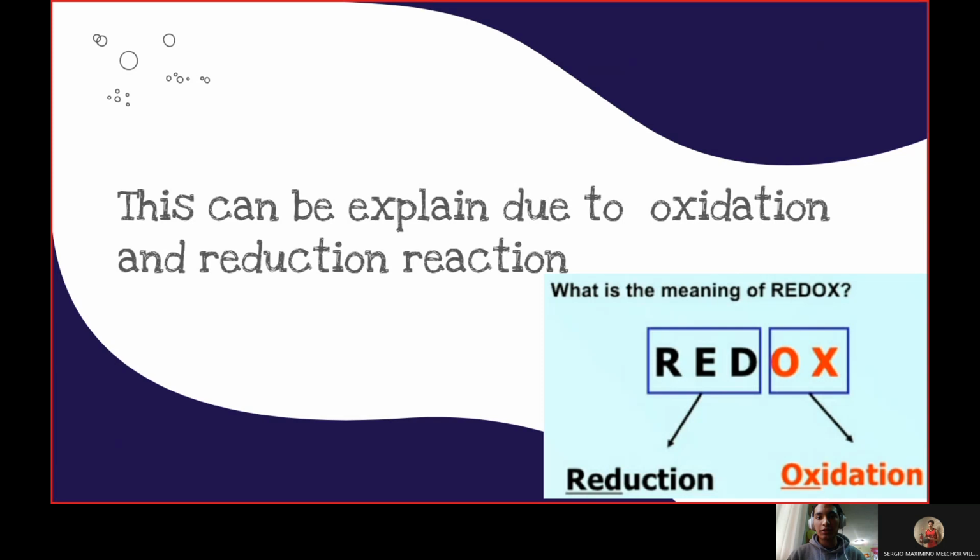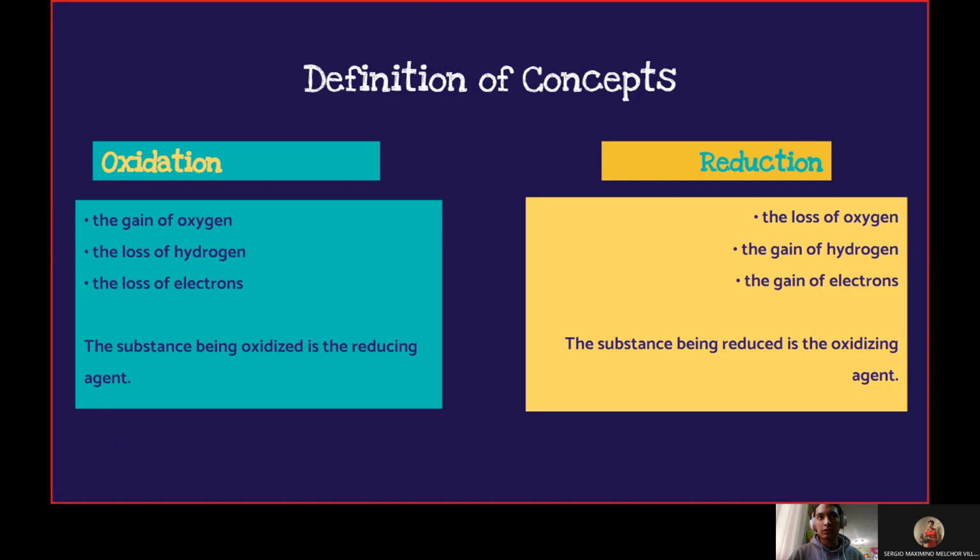This can be explained with the oxidation and reduction reaction, in which the cathode and the anode are reduced or oxidized. As you can see here in these two tables, the gain of oxygen, the loss of hydrogen, and the loss of electrons refer to oxidation, and the substance being oxidized is the reducing agent.